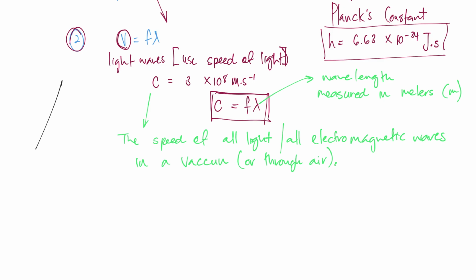And I can give you this little triangle here that can just help you to manipulate your formula. c is equal to frequency times lambda, and you can manipulate it as you need to.